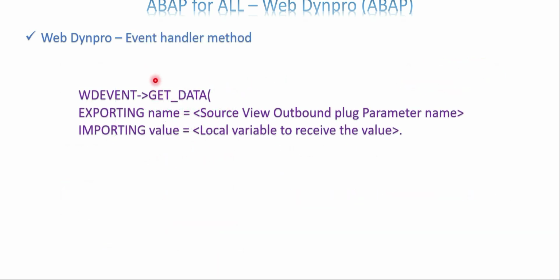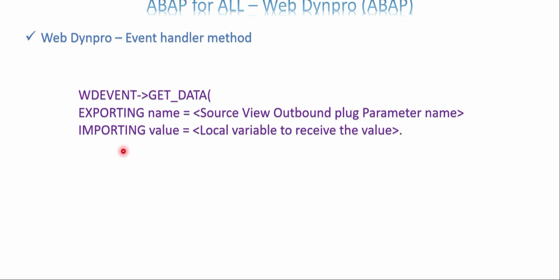And this is the code we are going to write inside the event handler method. WD_event is another object reference we are going to use, and the method is get_data. Inside get_data, you have to use the export parameter name, which is equal to the source view's outbound plug parameter.